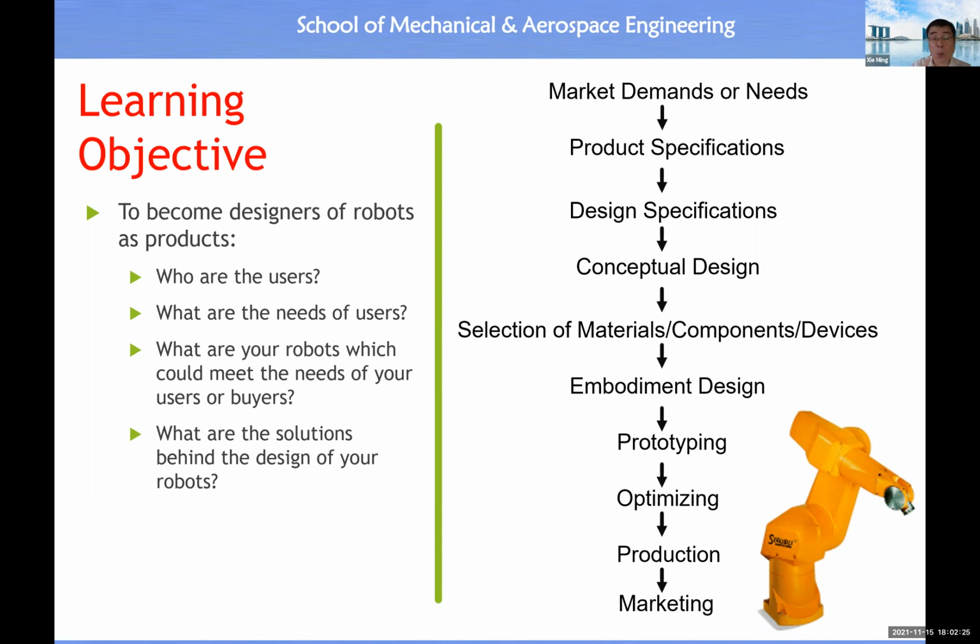Therefore, you will be able to answer the first 2 questions without knowing a specific user. In this way, you will be able to design, implement and produce your robot in advance. Then try to find the buyer or user through the process of marketing and sales.